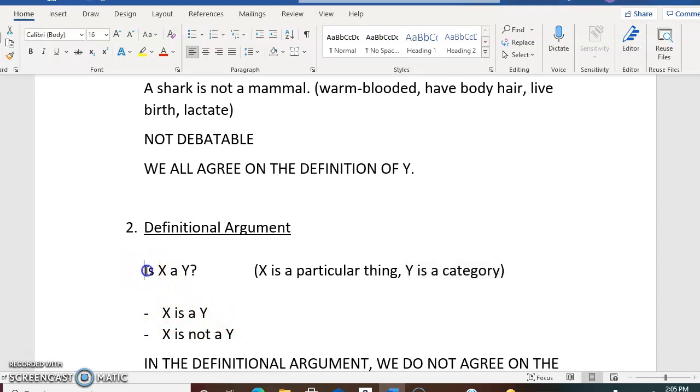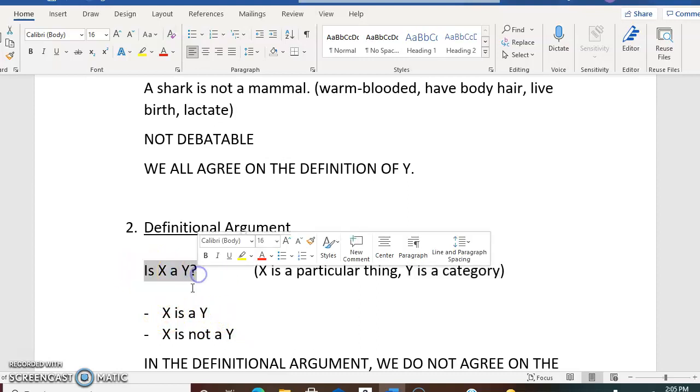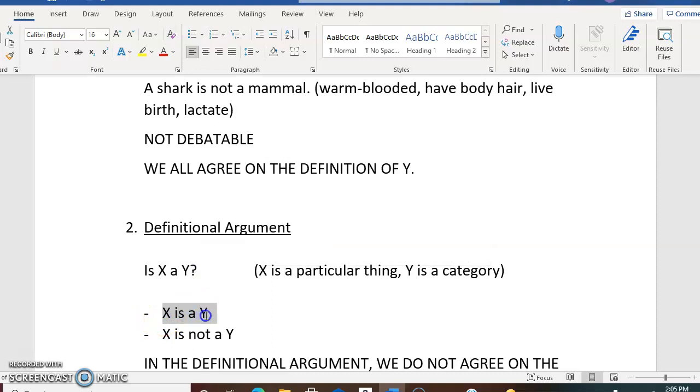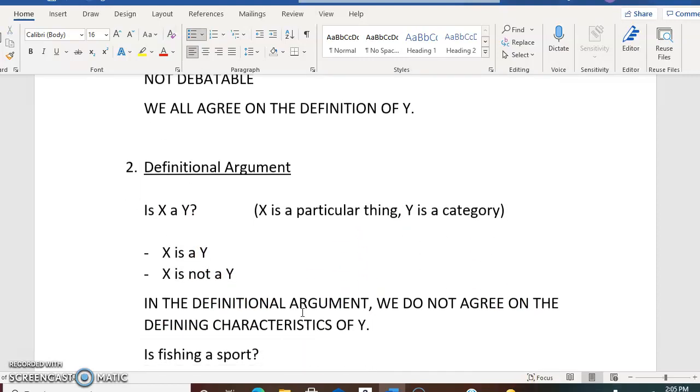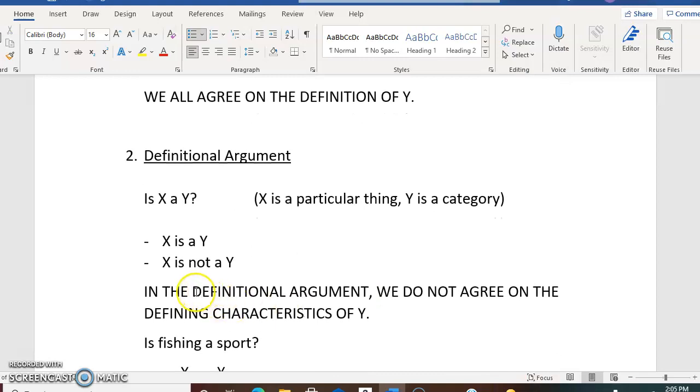So this means that if we ask the question, is X a Y, there's 2 different forms that claim can take again. X is a Y, or X is not a Y. Okay, so far, everything is the same as it was in a simple categorical argument. Here's the important difference.